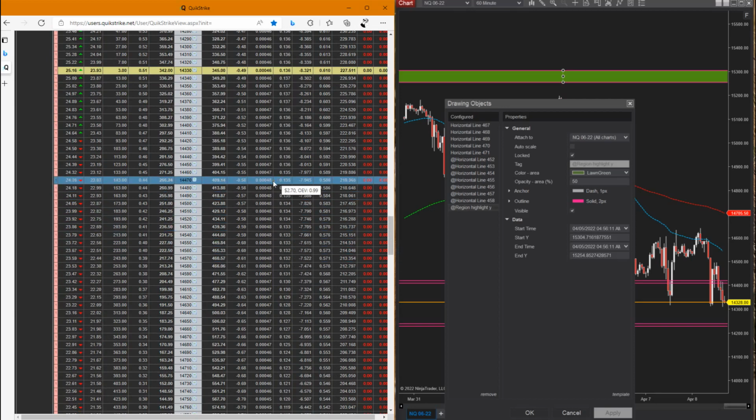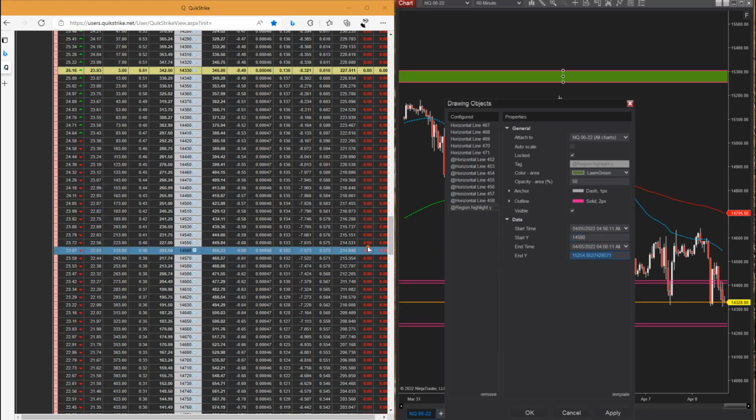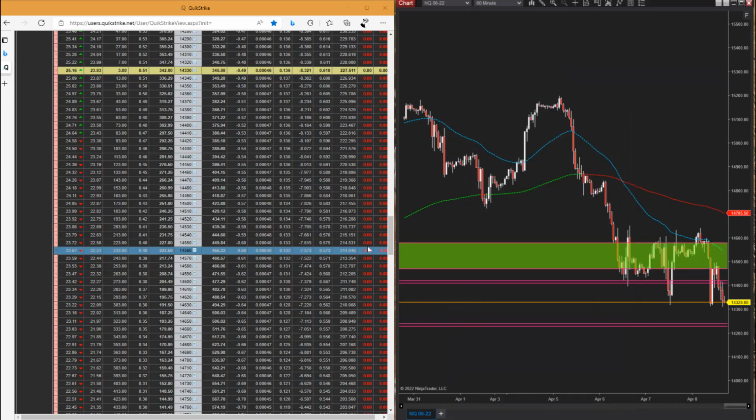So it would be from 470 to 580 is the high gamma. So there's the high gamma.